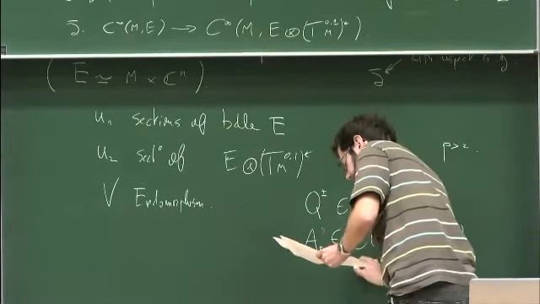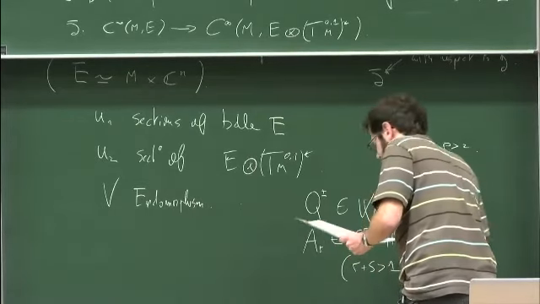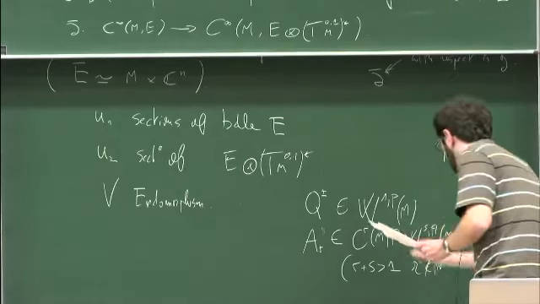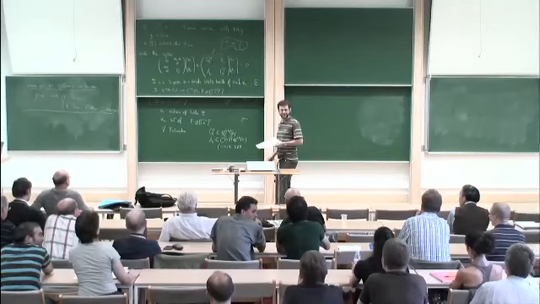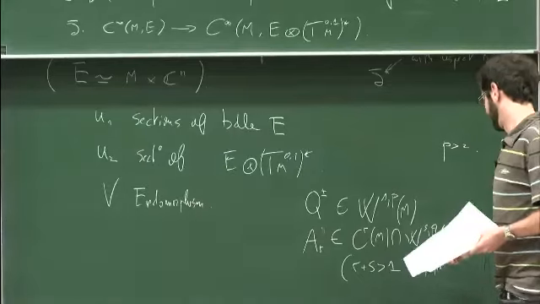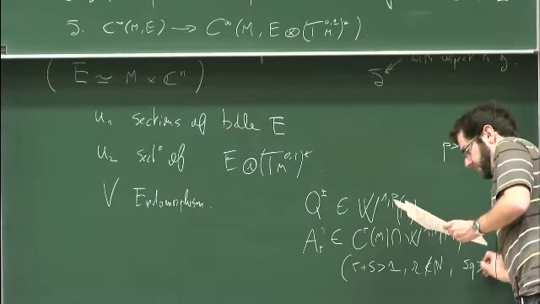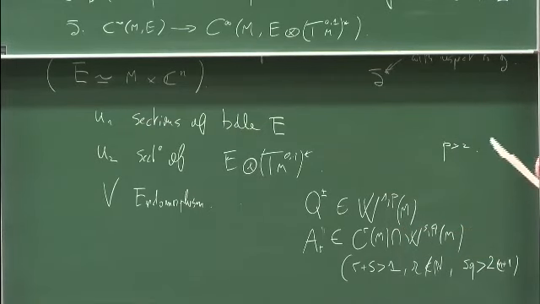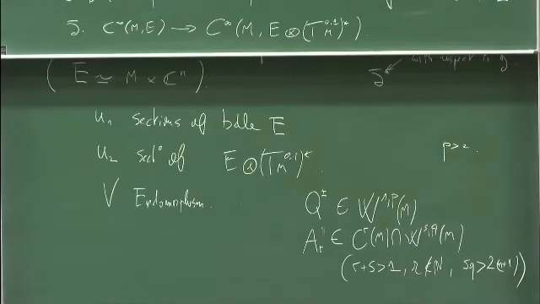And there are some conditions on r, s, p, so typically r plus s. It's just a technical thing, if you like. So there are some conditions like this, and s times q is bigger than twice n plus 1. I don't know, maybe it's not optimal, but this is what we get.